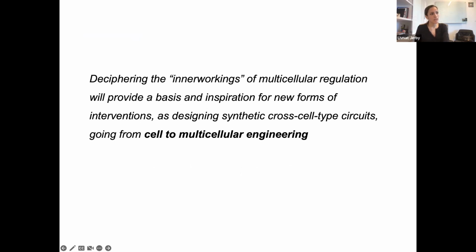If we can decipher the inner workings of multicellular regulation, I think this will provide inspiration for new ways to engineer not only cells, but collections of cells, and to leverage biology as it works with different cells cooperating with one another.